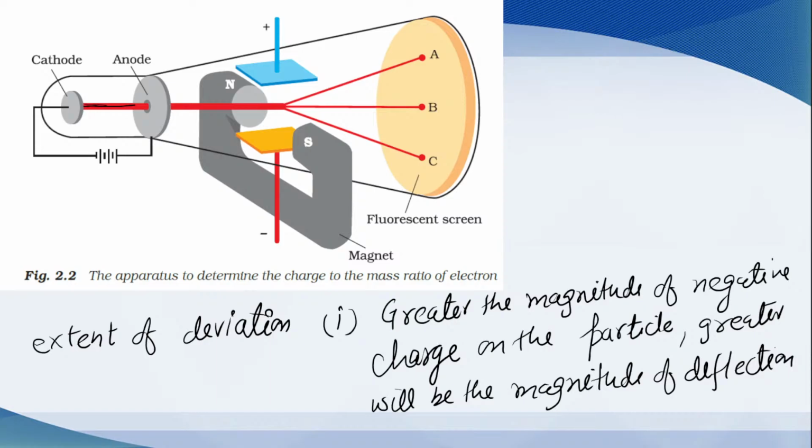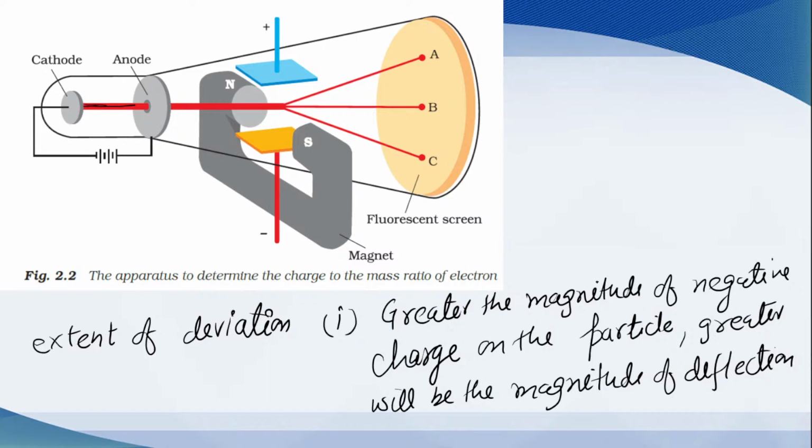Now, when both the fields are turned on simultaneously and the two fields are adjusted in such a way that their mutual deflections cancel out, then the path of the electron beam remains undeflected, just like in the absence of electric and magnetic field.